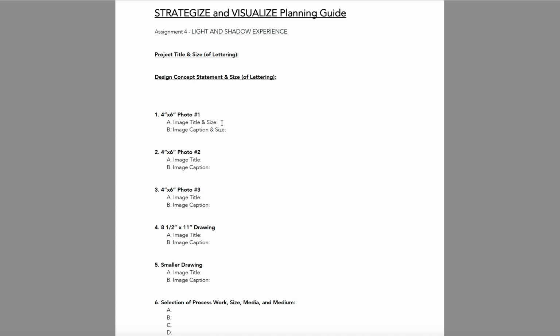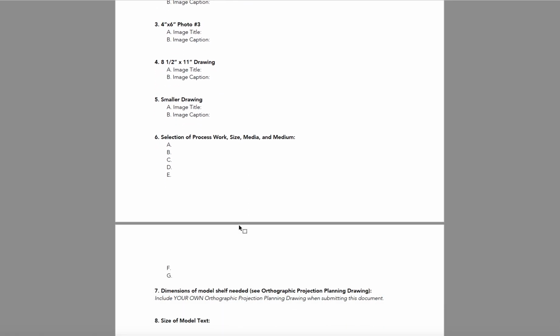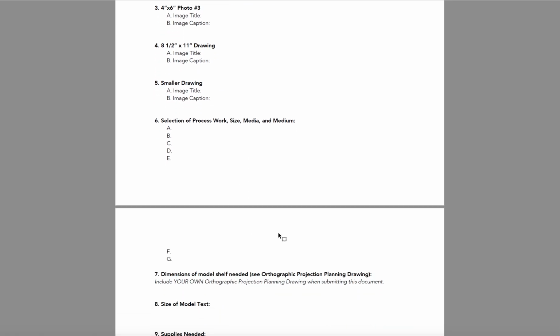Think about what a title could be and the size of that title. And then think about the description or the caption and think about the size of that. So some of these sizes might be the same, or you might have 4 different sizes. You will also think about these exact same things for your sketches, as well as for the process work.